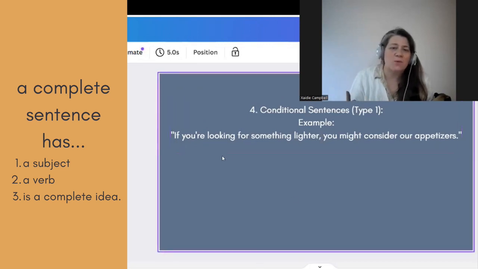And that is why we put two ideas together, because they have a relationship with each other. But I want you to be very clear that each sentence, each clause, is one idea. And then we can add other ideas around it with words like if, or because, or that.